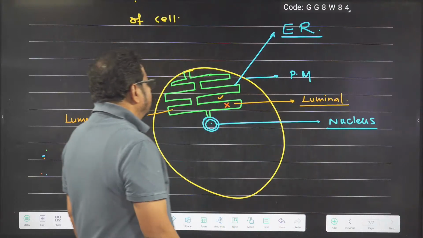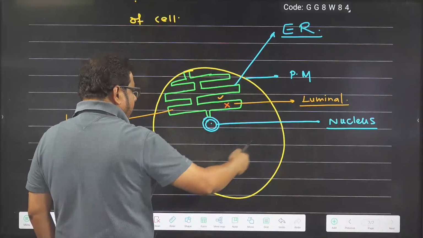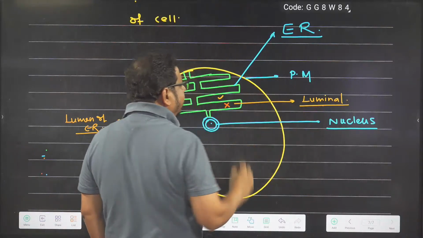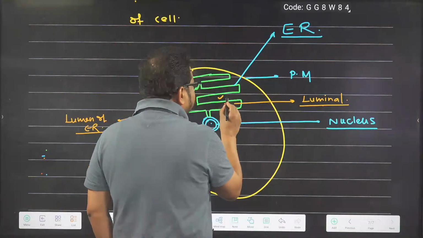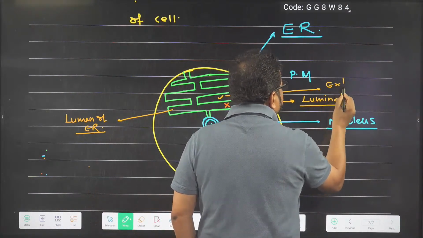Got the idea? So the content which is present inside the lumen is called luminal, and what is not present inside the lumen is called extraluminal.